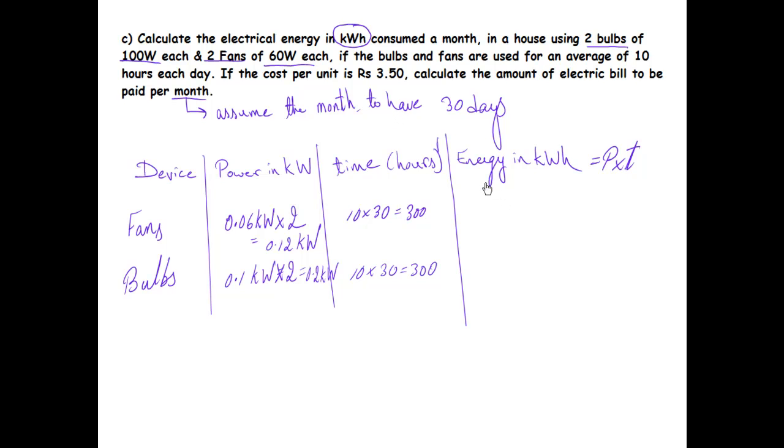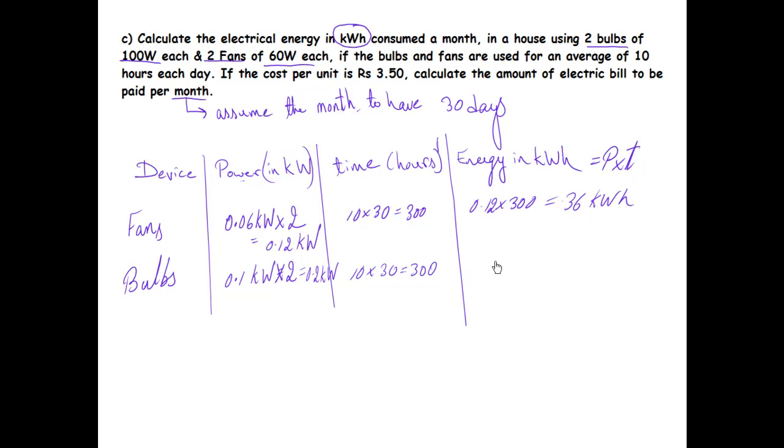And finally, the energy in kilowatt hours can be calculated using the formula power in kilowatts into time in hours. That is, we need to multiply the column number 2 with column number 3. So that will be 0.12 into 300, that is 36 kilowatt hours.